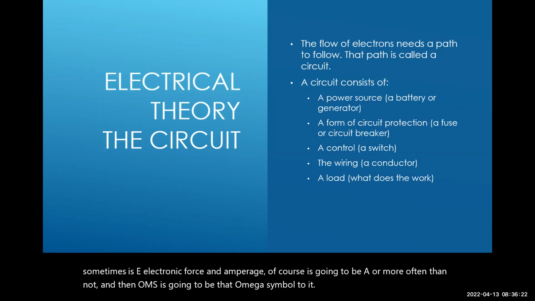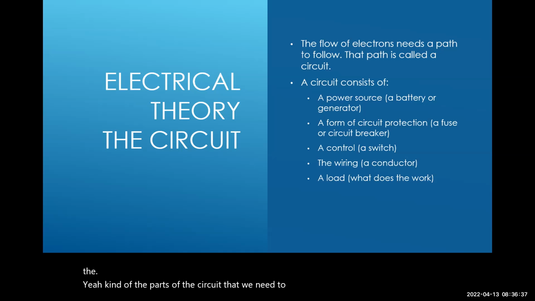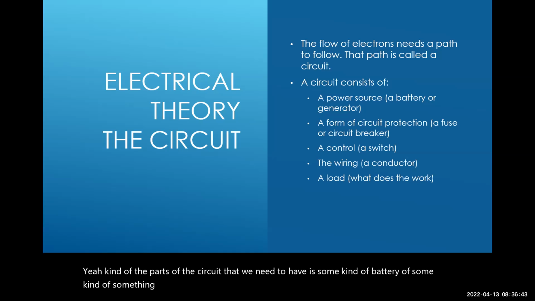So the flow of the electrons needs a path to flow. That path is called a circuit, and one of the parts of the circuit that we need is some kind of battery, something that generates power, where we store those electrons and have that pressure.